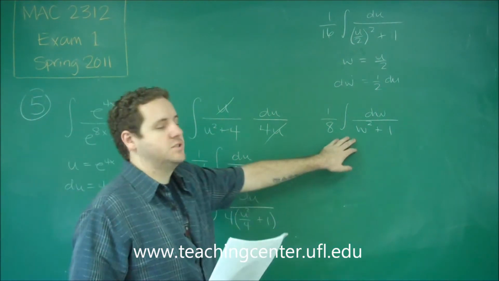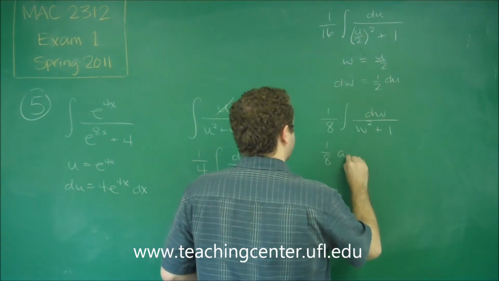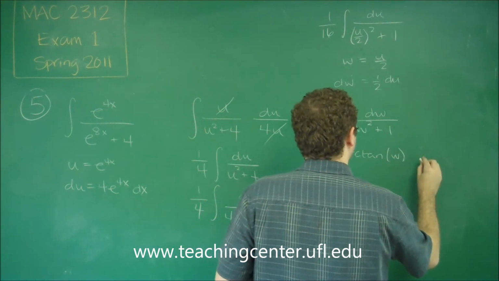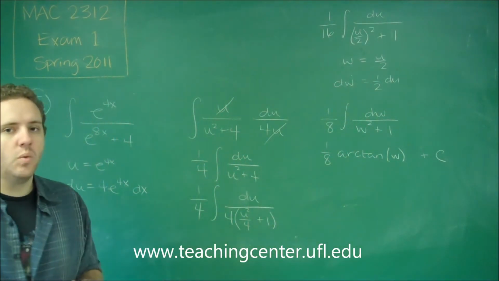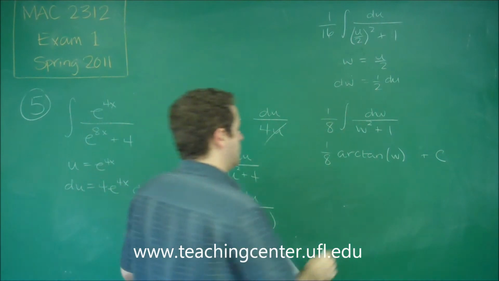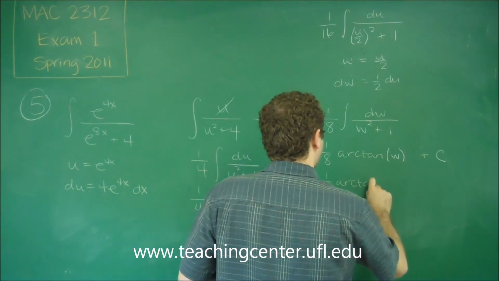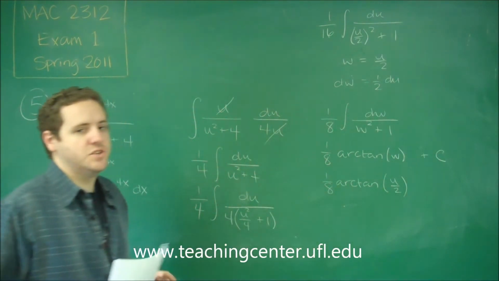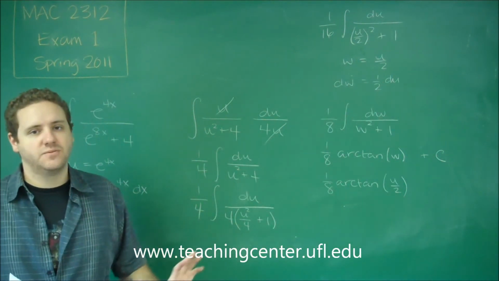But what it boils down to is that this is an arctan. So we get 1 over 8 arctan of w plus c. You want to think, what was w? w was u over 2. If you recognize that you would have just had to multiply this by 2 and not done a whole second substitution, that's fine.